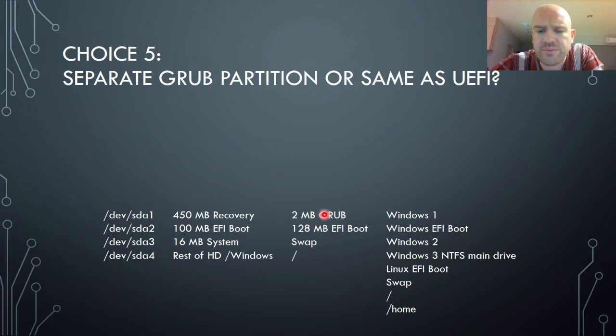It's a bit weird. Anyway, I'm going to put GRUB on the Linux EFI boot partition, and I'm going to have separate EFI boot partitions for Linux and Windows. So if this one fails for whatever reason, the Windows installation will still be intact and can run.